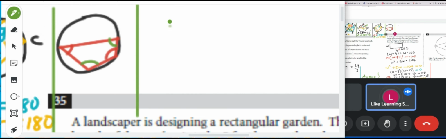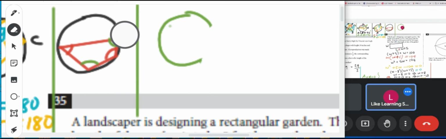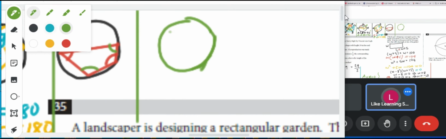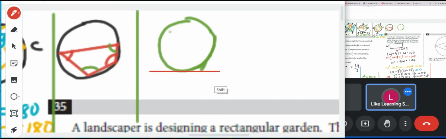If you have this, and you have a tangent. You know what a tangent is?